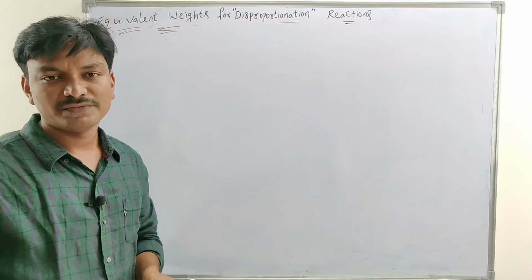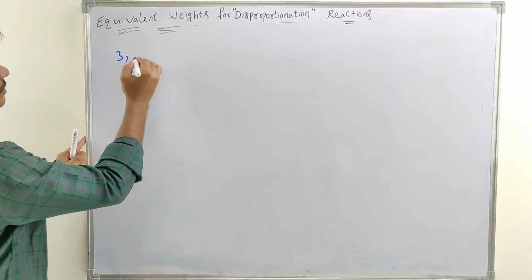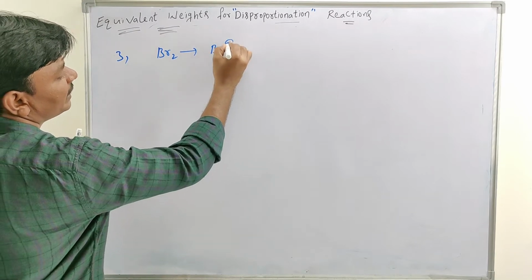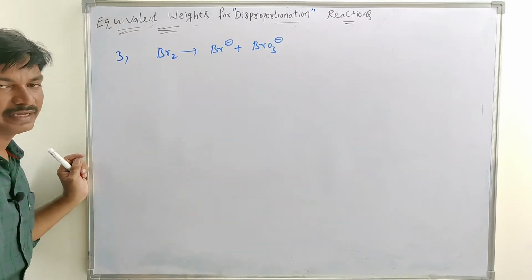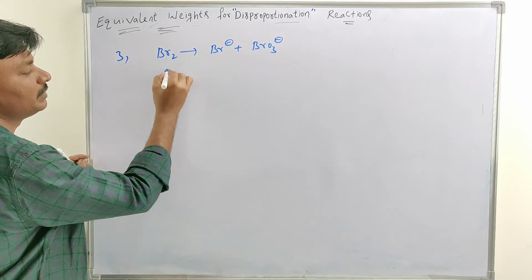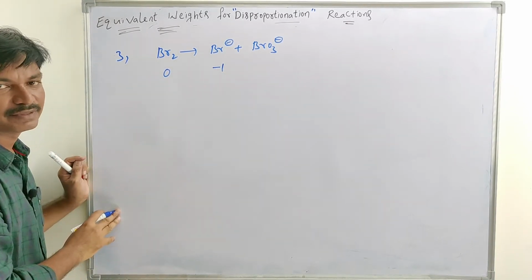Coming to another example of a disproportionation reaction, here it is the third example: Br2 gives rise to Br minus plus BrO3 minus. Okay, clear? In the Br2 molecule, the bromine oxidation number will be 0. In Br minus, the bromine oxidation number will be minus 1.